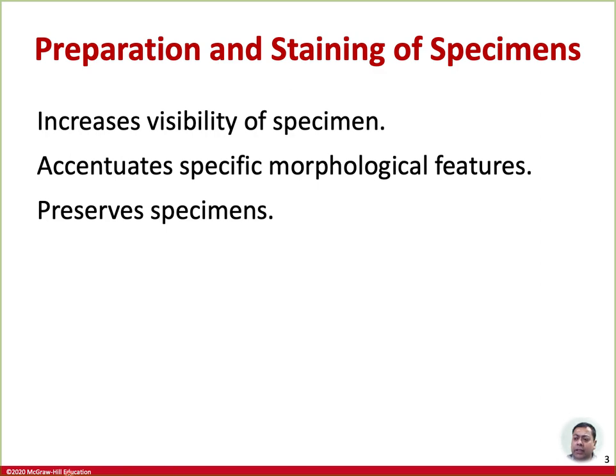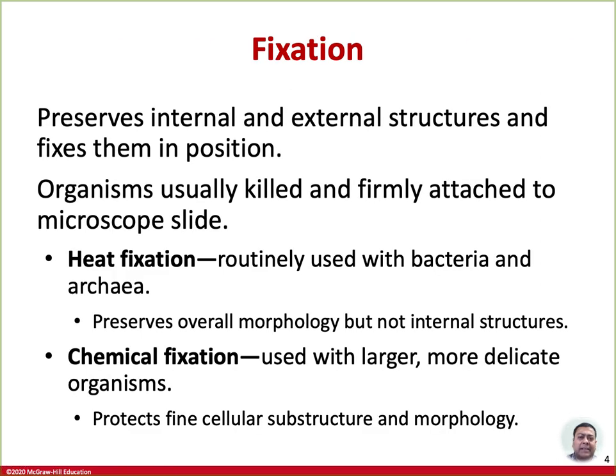So essentially, what is the fixation process? The stained cells seen in a microscope should resemble the living cell as closely as possible. So fixation is the process by which the internal and the external structures of the specimens are preserved in position.